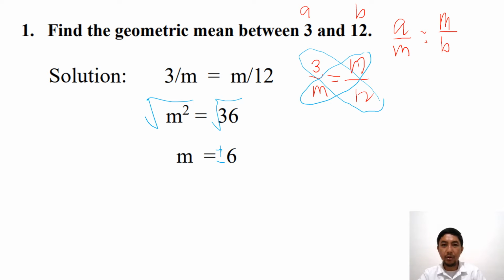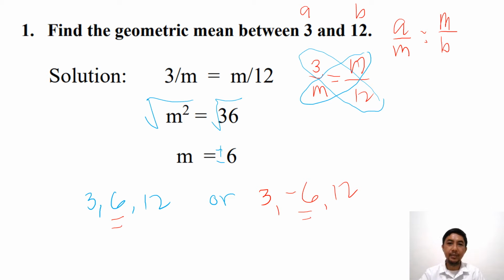If we list down the geometric sequence, we have 3, 6, and 12, or we have 3, negative 6, and positive 12. So therefore, our final answer is 6 and negative 6.